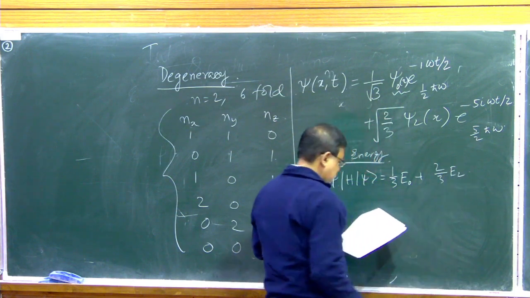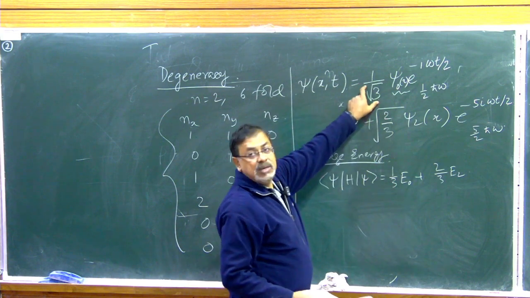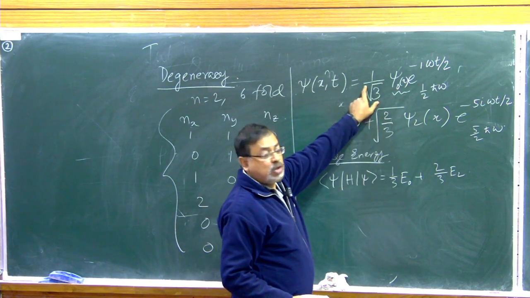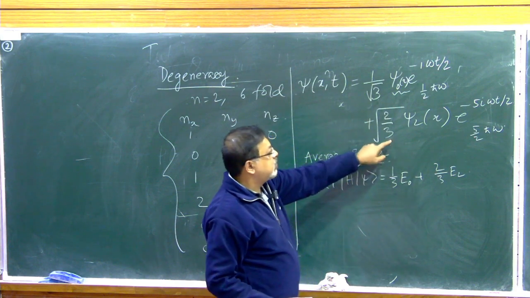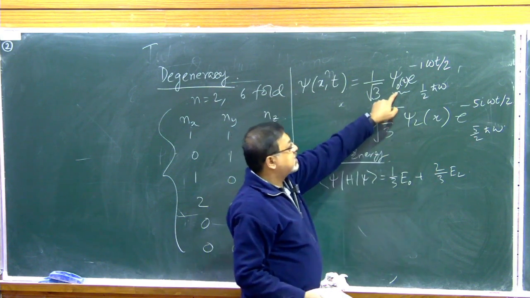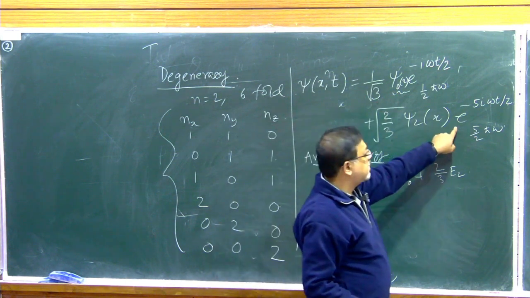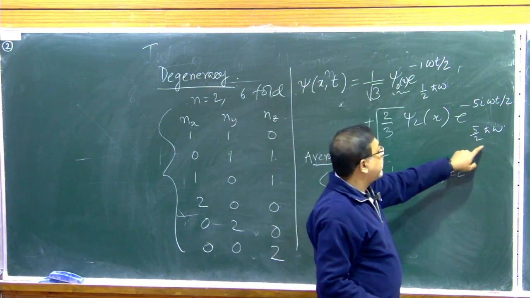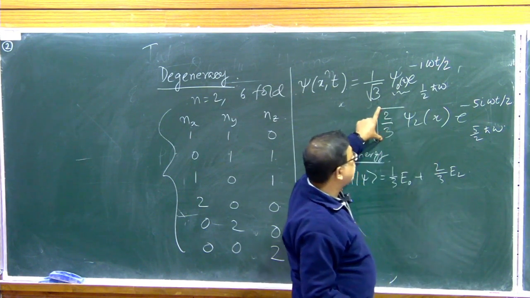Why is it 1/3? Because it's the mod square of this coefficient and the mod square of this coefficient. This has an energy E0, which is half h cross omega. This has an energy which is 5 by 2 h cross omega, so this is E2, with the coefficient being the square of this.